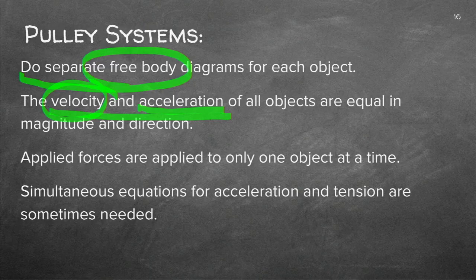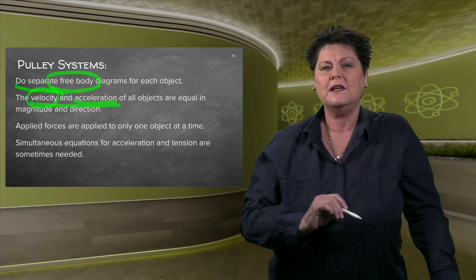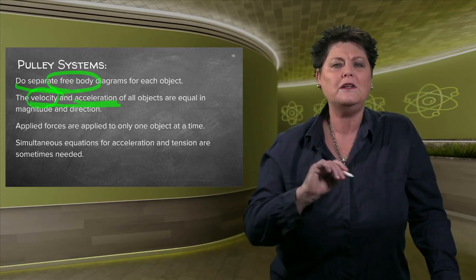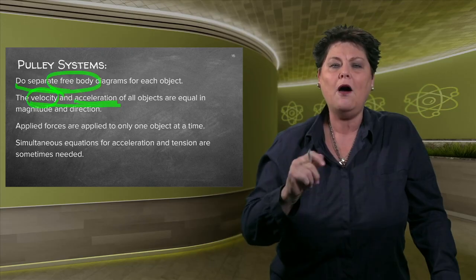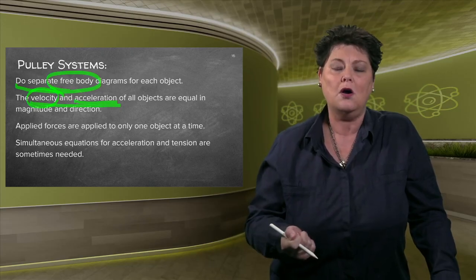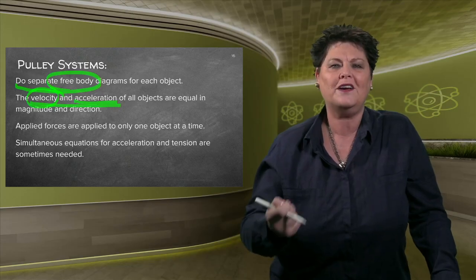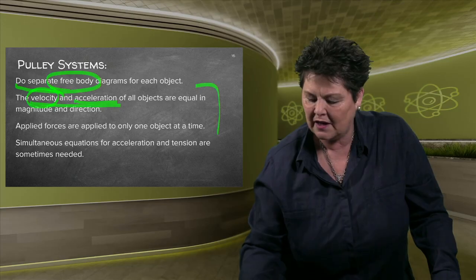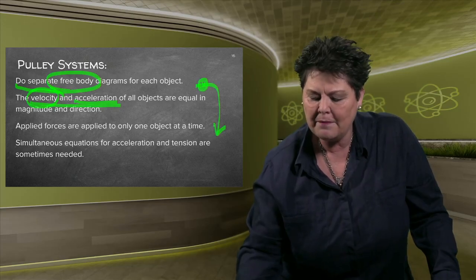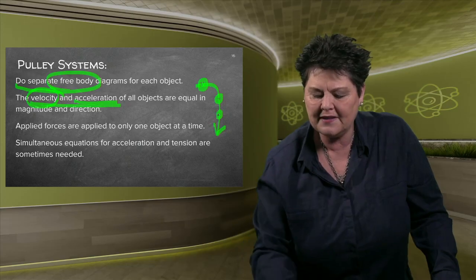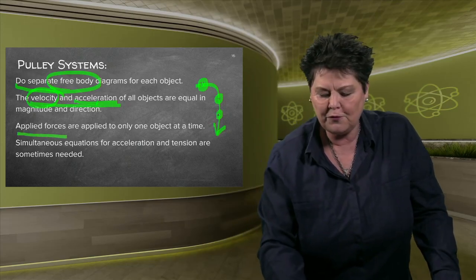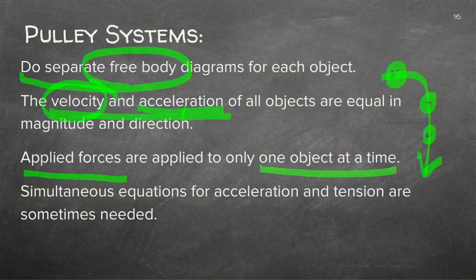Now, the one thing that many of us forget is that we don't want the different masses to move with different accelerations. If they are bound with cables or strings, all of them will work in the same direction. It will be moving, let's say for instance, like that, and every mass will have exactly the same acceleration. Have the applied forces, one object at a time.